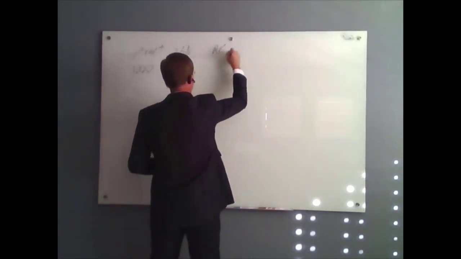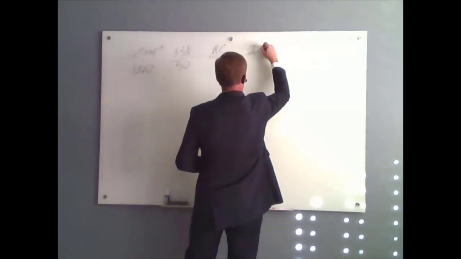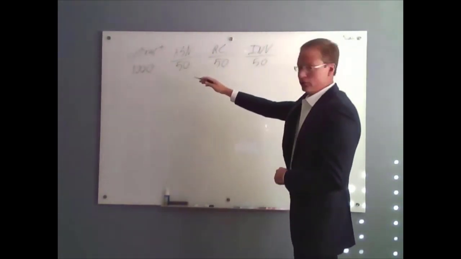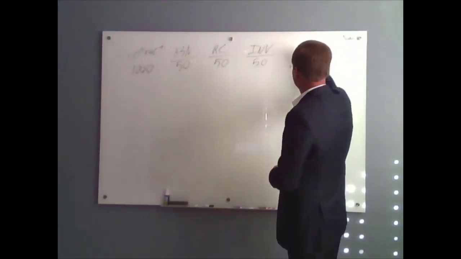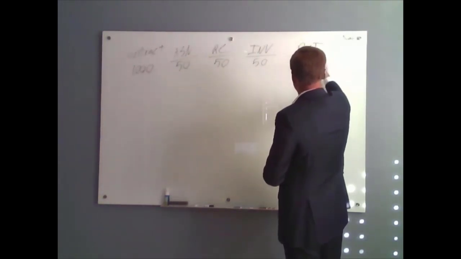We receive in 50 units. The invoice comes in for 50 units. Okay, so I've got a contract for 1,000, a ship notice for 50, receipt for 50, and invoice for 50. Ultimately, I will yield a payment for 50.